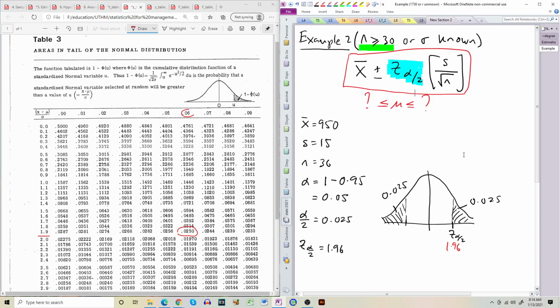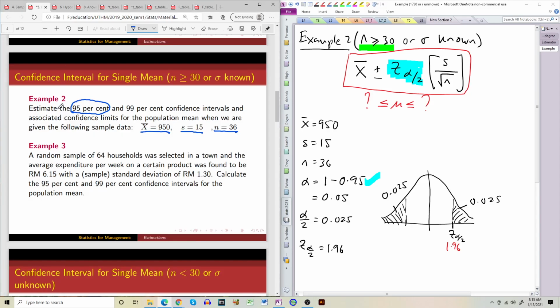For the first step, you need to find what alpha is first. Alpha is 1 minus 0.95. Why 0.95? Because the question tells you we are now doing the 95% confidence interval. What is this 95%? Later at the end of the question I will interpret it for you, and then find out what alpha divided by 2 is.